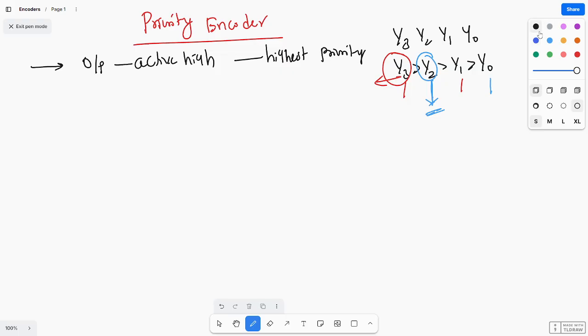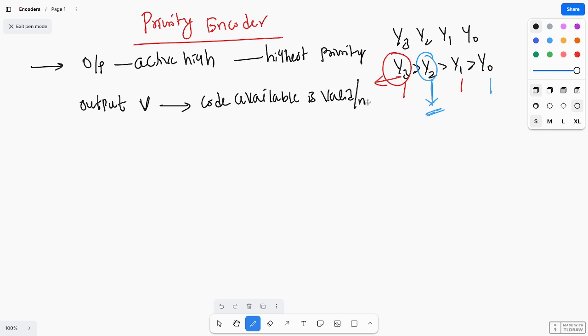Like this we get the priority level, and again it will check the condition, that is the output V. This will check whether the code available is valid or not.